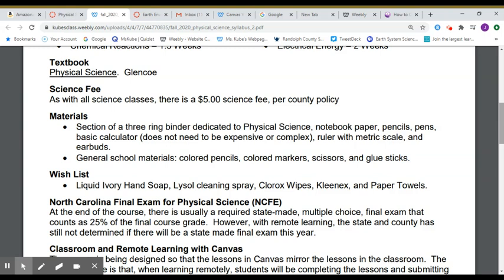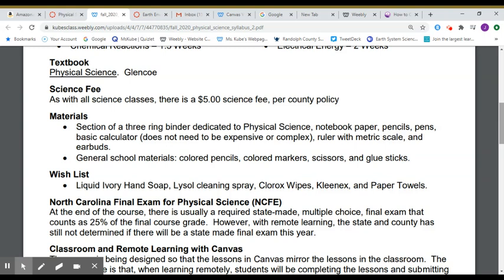Okay, you'll also need earbuds for any time that you might be in class and we're working on the computer and you're needing to watch a video. When I'm in class, we won't really be on the computer too much, just because you'll be on the computer for 3 days of the week. So when we're in class, we're going to try to do the labs and the hands-on activities and that type of thing.